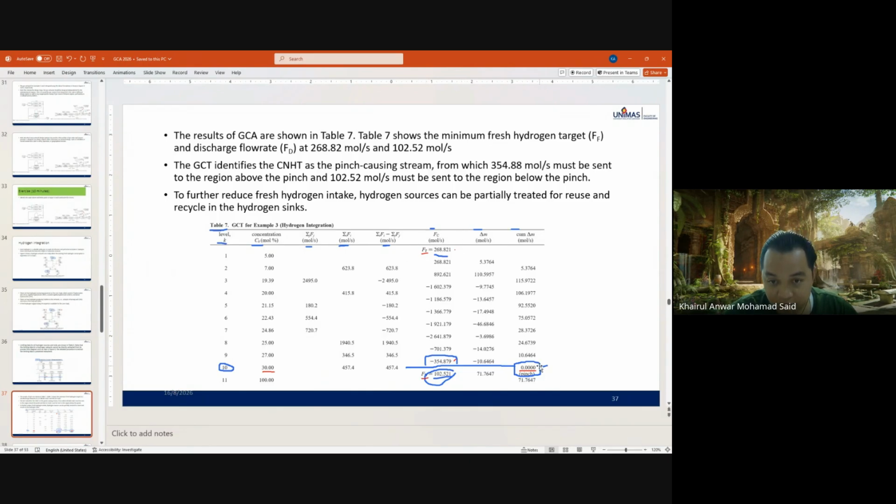The pinch is at level 10. We read this off: hydrogen with impurities of 30%.